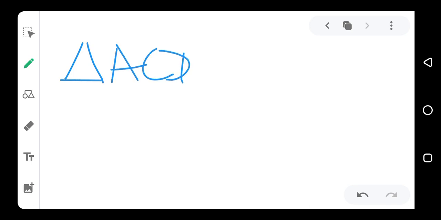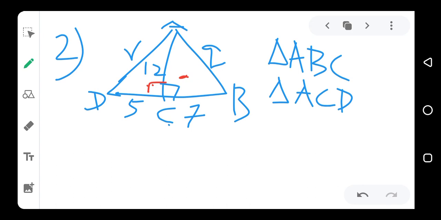Now we solve for R. For triangle ACD, we know that R is the hypotenuse.